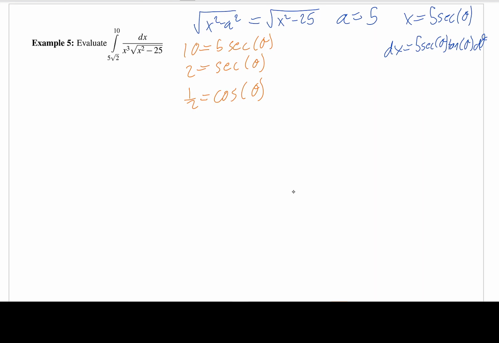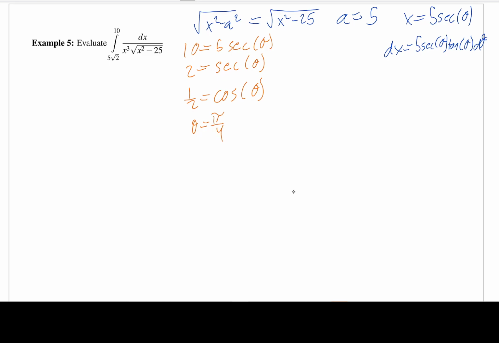And we need to remember that we're staying in the domain from 0 to pi. Right? So, and not including pi over 2, because we want secant theta to be defined. So, the angle that we should be looking at on our unit circle, the one that gives us 1/2, is going to be the one right here. And that's going to be at pi over 4. So that tells me that theta equals pi over 4.